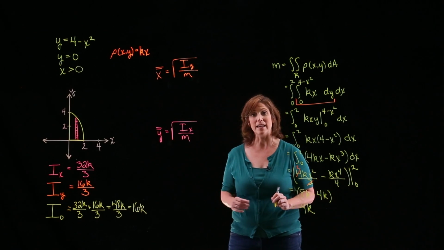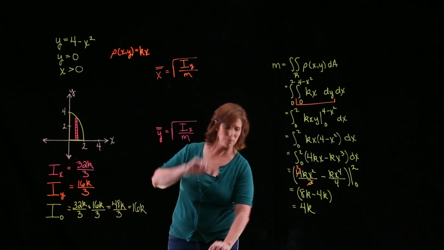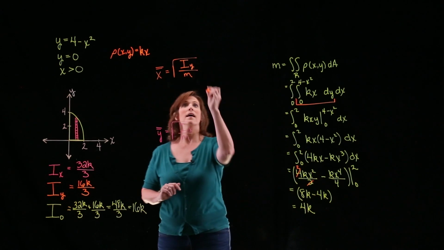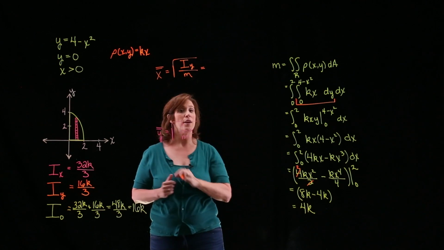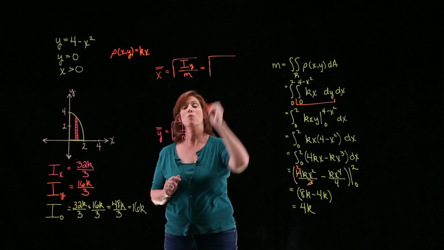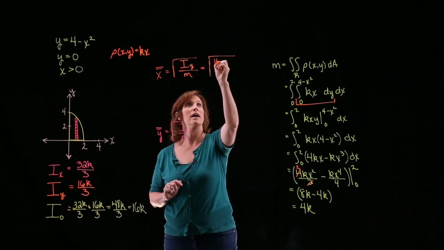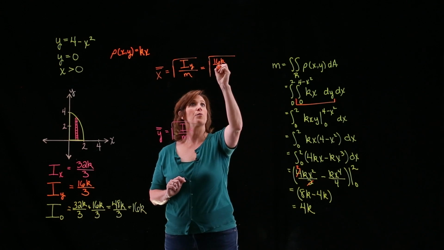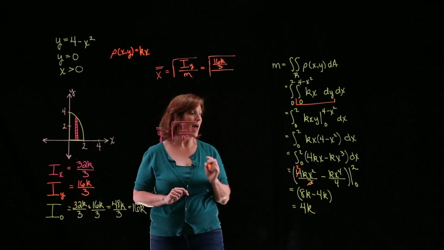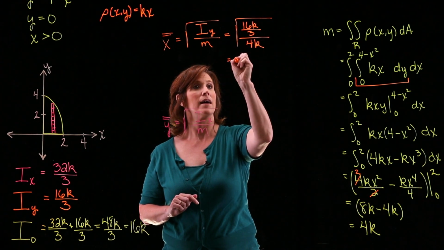Now I have everything I need to get the radius of gyration. So let's go back to my formula. And my radius of gyration with respect to the y-axis is going to be the square root of the moment of inertia about the y-axis. So that's 16k all over 3 divided by the mass, which I now know is 4k.